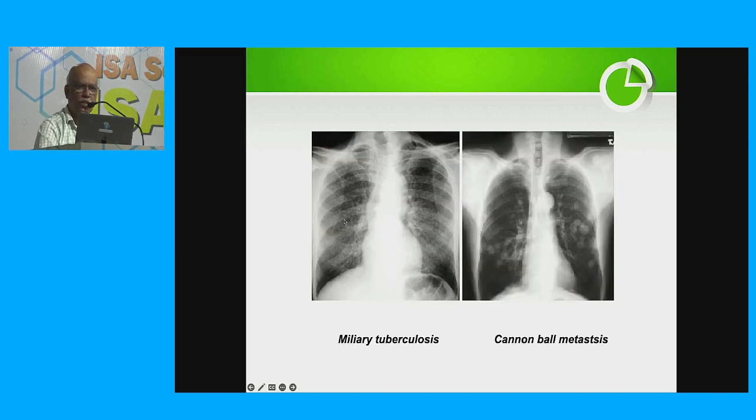Okay, so this is miliary tuberculosis. You can see the difference from cannonball metastasis: these are bilateral homogeneous opacities in the lung fields. This is miliary tuberculosis. You can see dot-like shadows in bilateral lung fields, whereas these are all metastatic lesions.